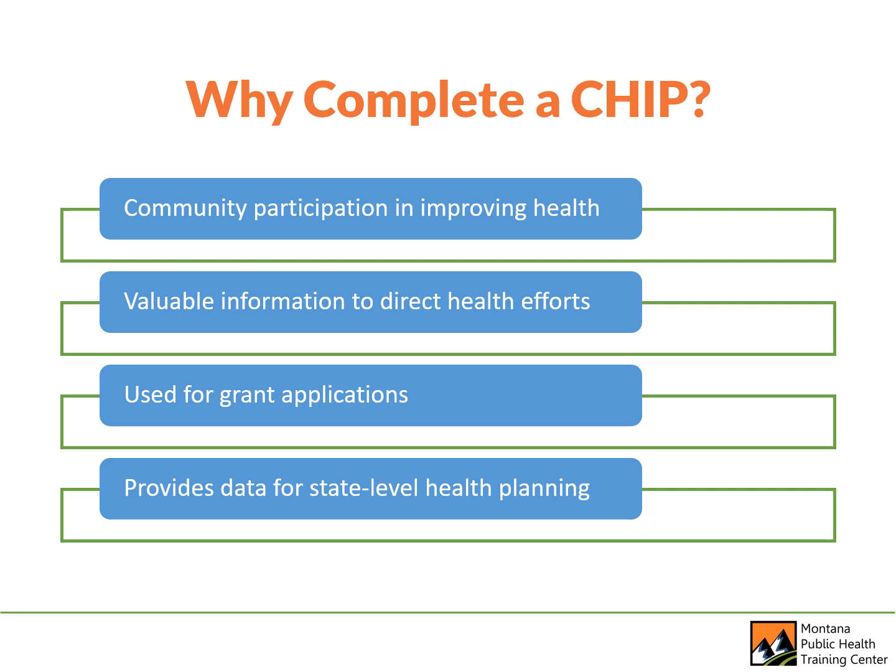And it's a way to show the community that their concerns were heard, and to highlight how efforts are being directed to improve those health concerns that were found. It also can be useful for grant applications to get funding to address these health issues. And then selfishly at the state level, it helps us really understand what's occurring, and will help us with our state level health planning as well.